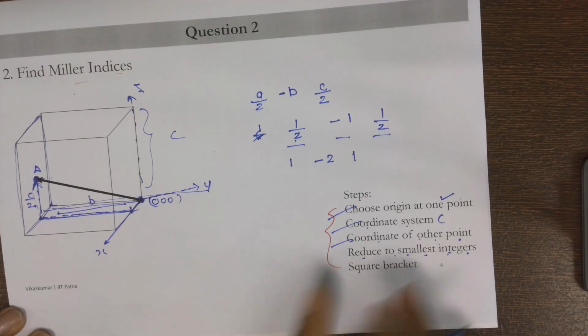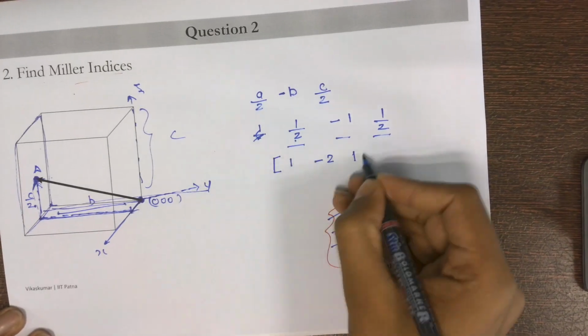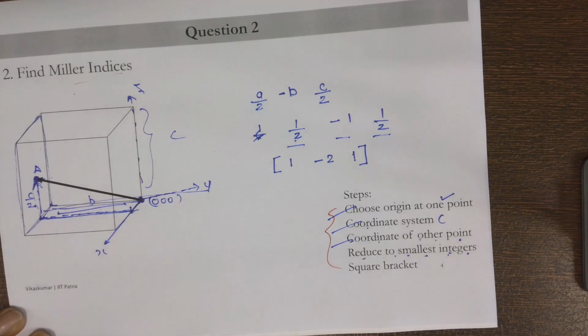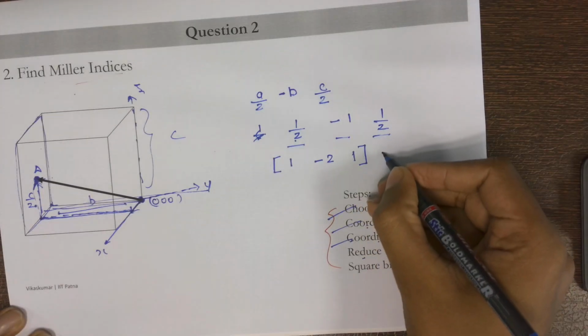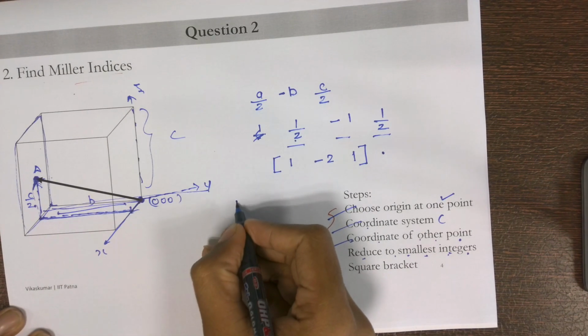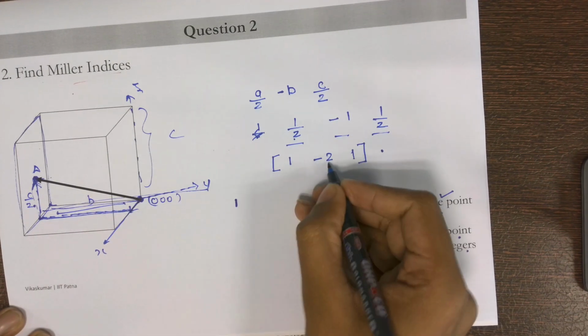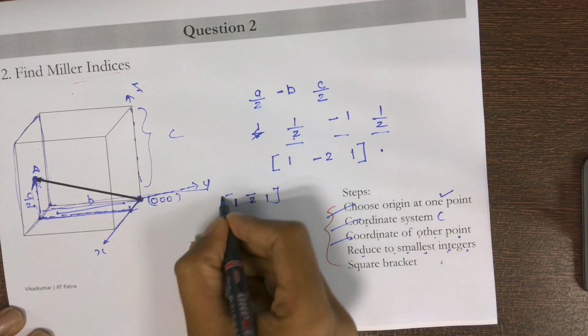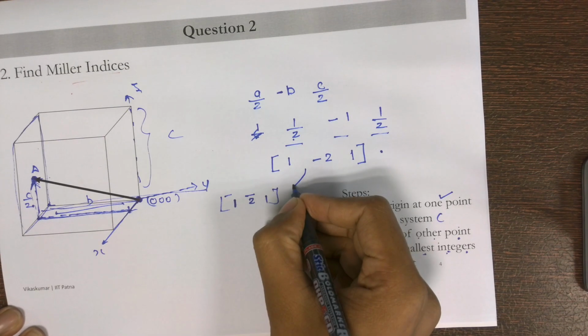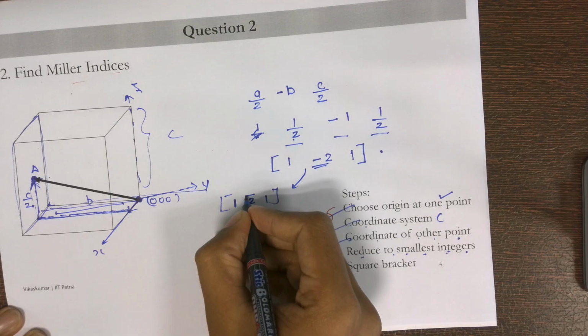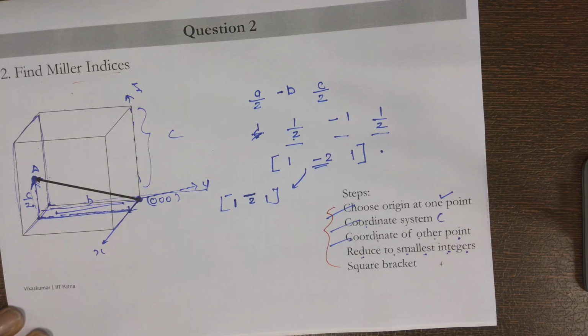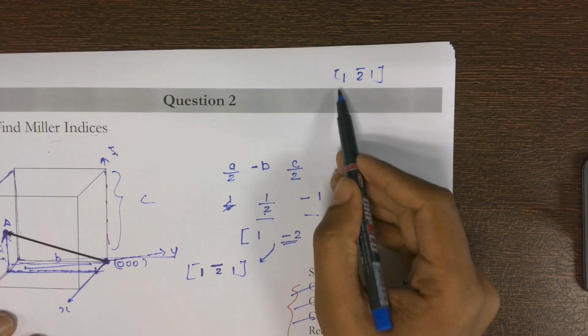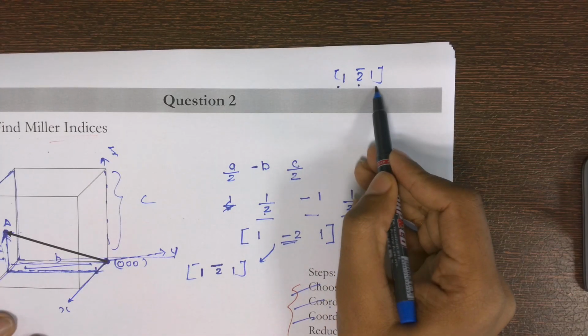What we can do last is put them in the square bracket. Still it's not done yet. This minus 2 we have to write as a 2 bar, because in crystallography the negative indices are treated as a bar at the top. So the answer given by Gitu, 1, 2 bar and 1, is right.